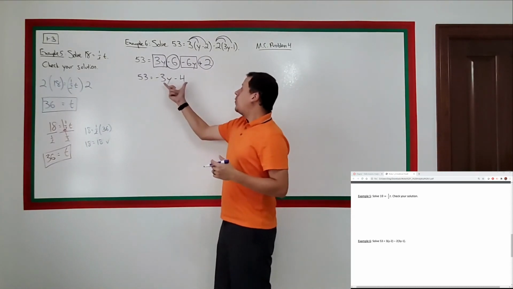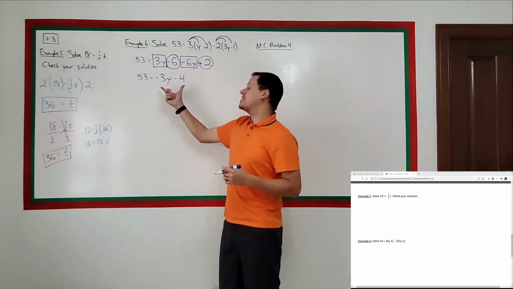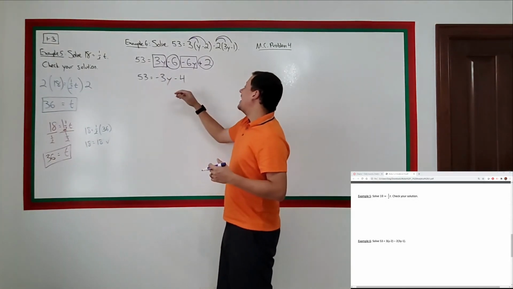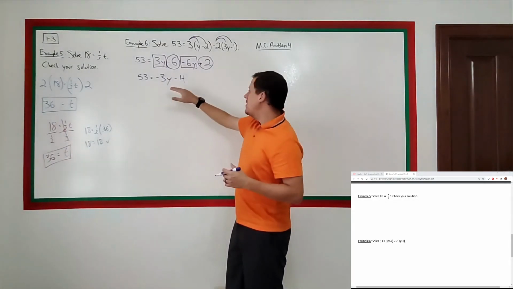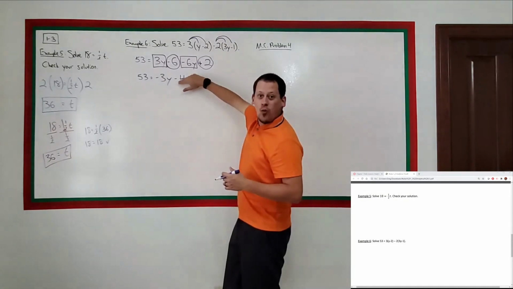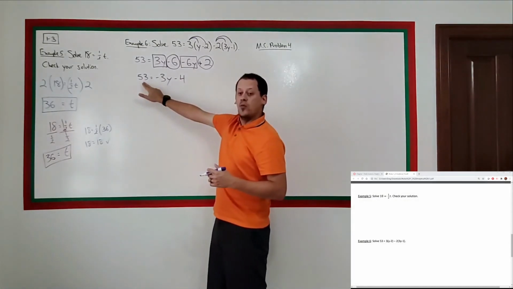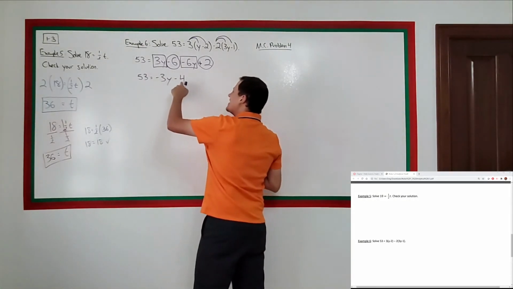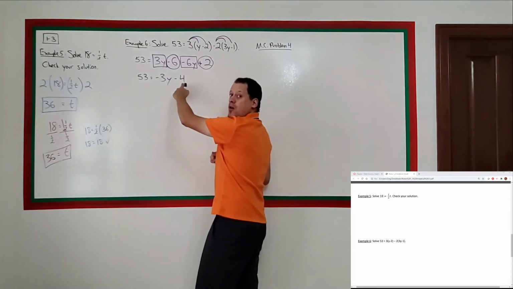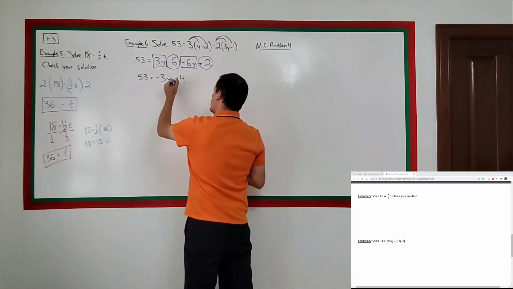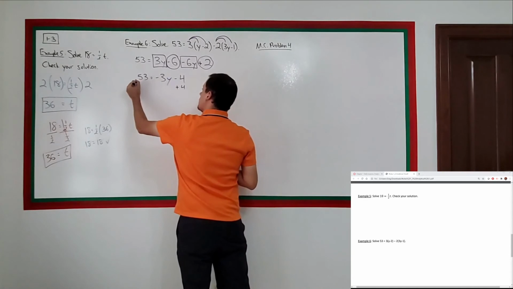We want to try and get the y by itself on this side of the equal sign. And the easiest thing to do first from here, since this doesn't have a y, let's move it over with the 53. So since this is a minus 4, we need to add 4 to both sides here.